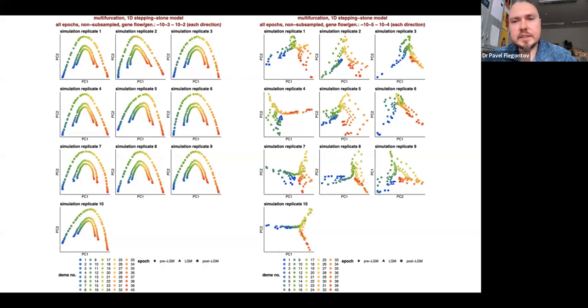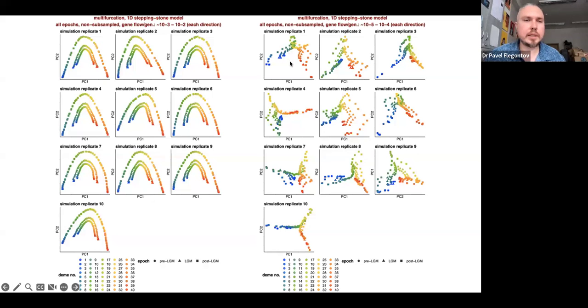So we can either keep the size of the landscape the same, but decrease the range of gene flow intensities that we simulate on that landscape, or we simulate a large landscape with intense gene flows, but then subsample it more aggressively. And here on the right, I'm showing PCAs for a very sparse landscape, which is one-dimensional. And these PCAs look more interesting. So here, horseshoes are not always recognizable.